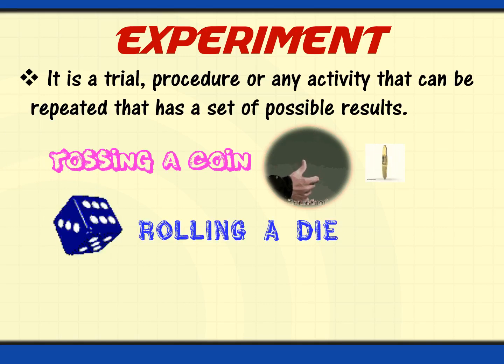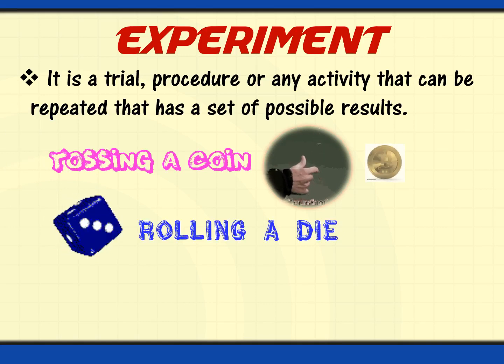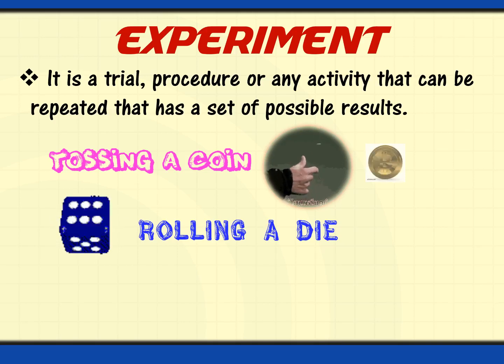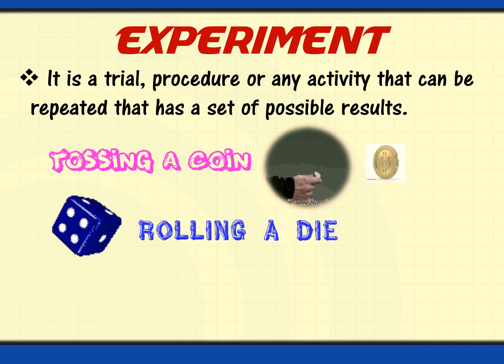Die is the singular term for dice. Dice if you have two. So when we roll a single die, we can have a result. It could be the number 1, 2, 3, 4, 5, or 6. And you can do it repeatedly. Now, if we roll 2 dice, we can have 2 numbers, which is the result. For example, we have 3 and 4.